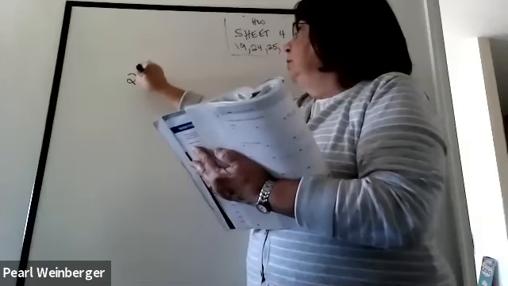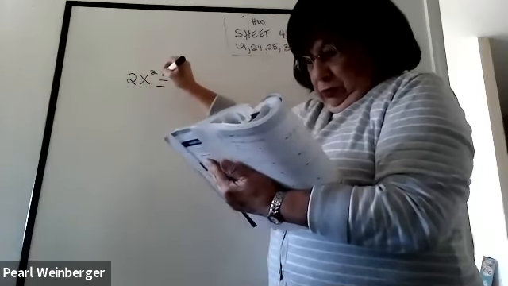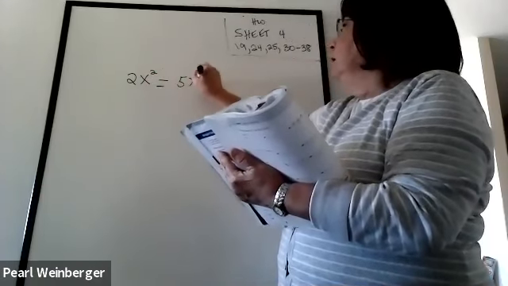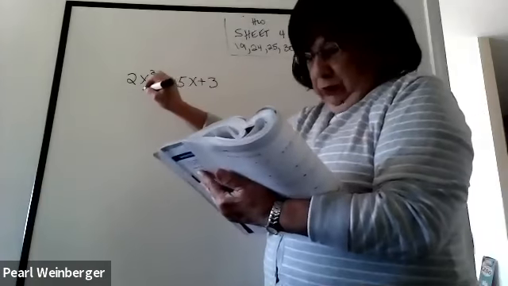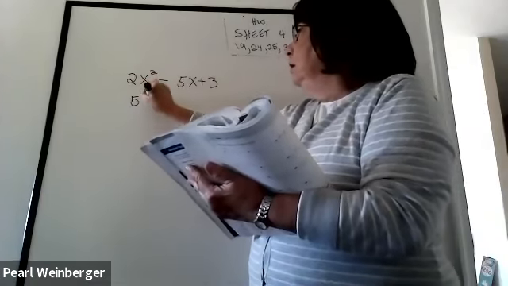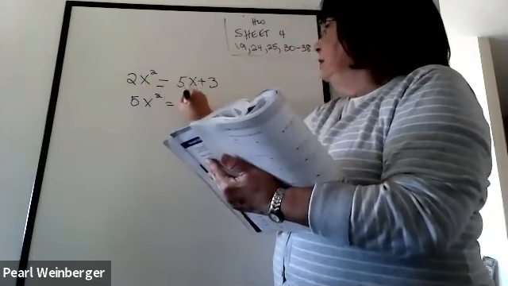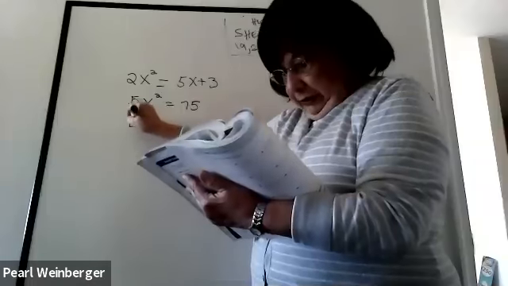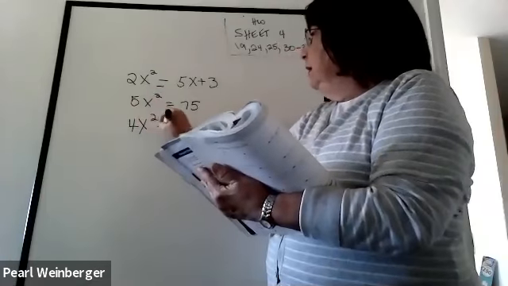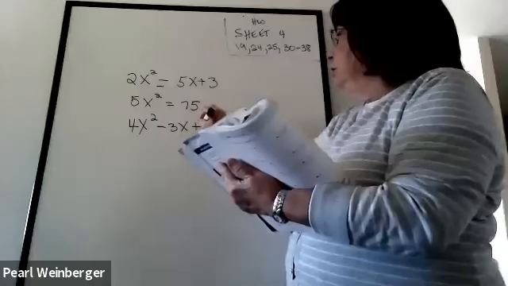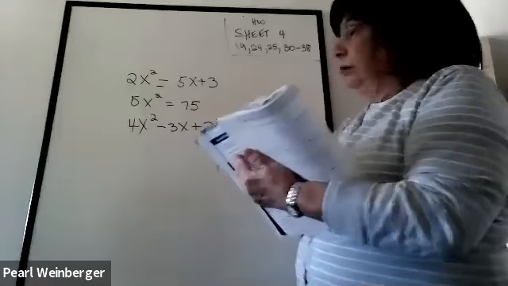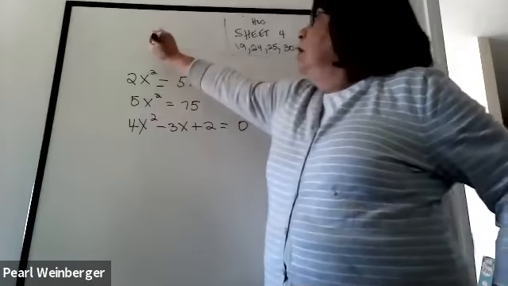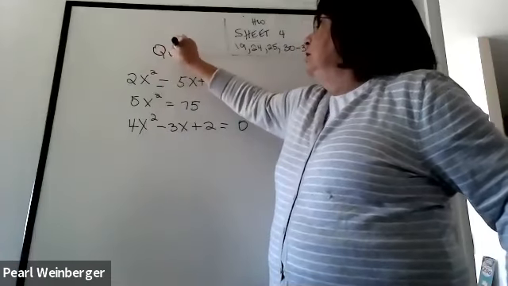This is one example: 2x squared equals 5x plus 3. Here's another example: 5x squared equals 75. Here's another example: 4x squared minus 3x plus 2 equals 0. These are all examples of something that we call quadratic equations.